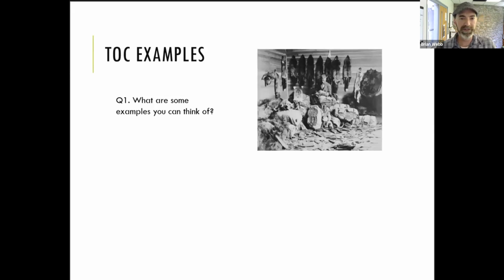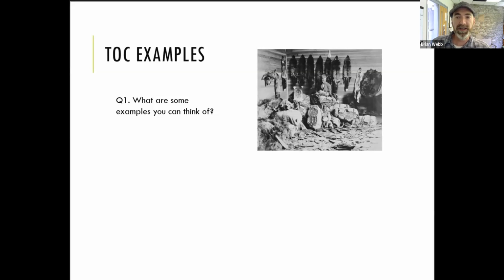So there's a number of different examples that you could come up with. Some historical examples: the beaver pelts. I think we already talked about this in an earlier lecture, but we almost trapped beavers to extinction in the 17th, 18th century in North America because of this problem of open access, the tragedy of the commons.